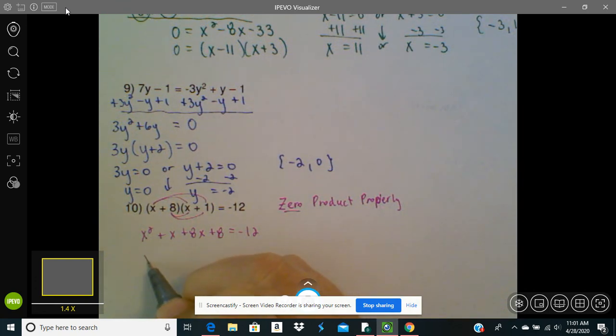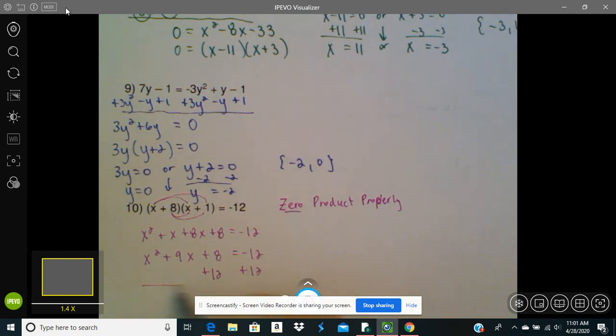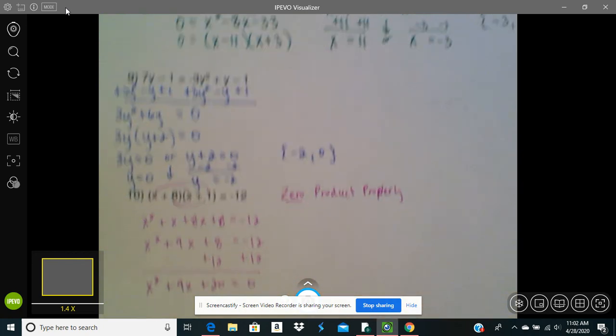So we get x squared plus 9x plus 8 equals negative 12. And now to make this side equal 0, we add the 12. We get x squared plus 9x plus 20.